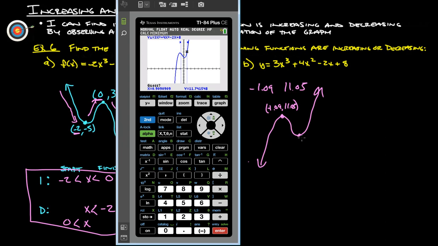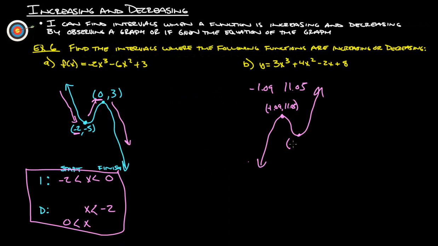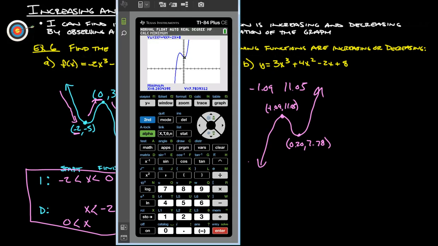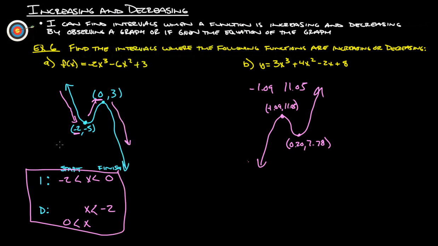Enter, enter, and it will find this minimum point right here, which is 0.20 and 7.78. 0.20 and 7.78, I believe is what that said, right? Right.